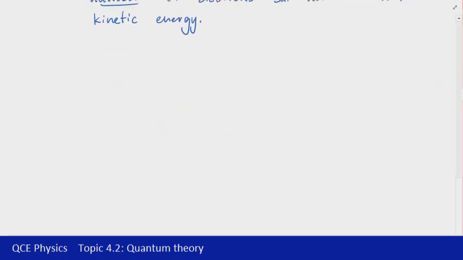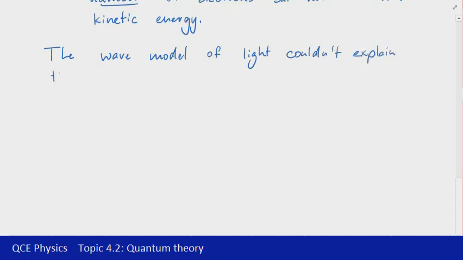So the reason why those observations are important ones to note is that the wave model couldn't explain them. And we'll have a look at why that is, and we'll link into some of those points that I highlighted earlier.